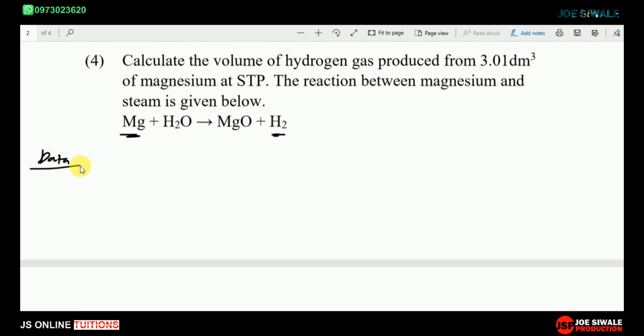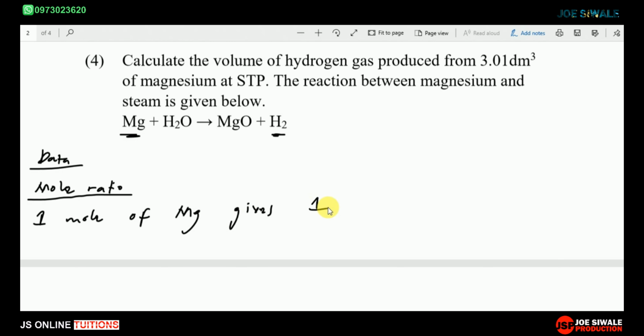And for the data, we're going to find the mole ratio. And for the mole ratio, we're going to say 1 mole of magnesium gives 1 mole of hydrogen gas.